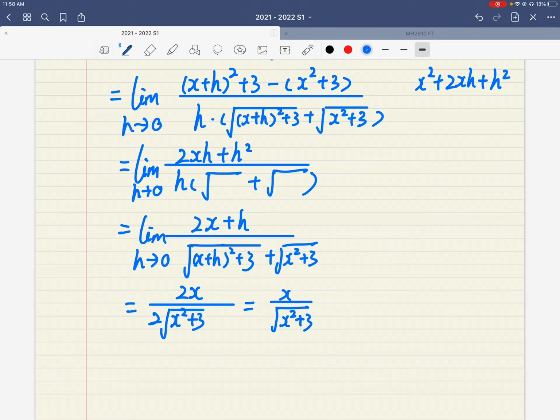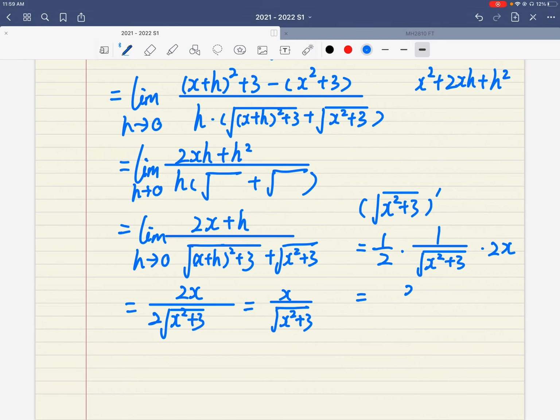Okay, let's differentiate g(x) normally to see if what we did was correct. So just differentiate it. First, it will be the chain rule. It will be half times 1 over the square root of x squared plus 3. And then x squared plus 3, you differentiate it, it will be 2x. Right? So it's just x over the square root of x squared plus 3.